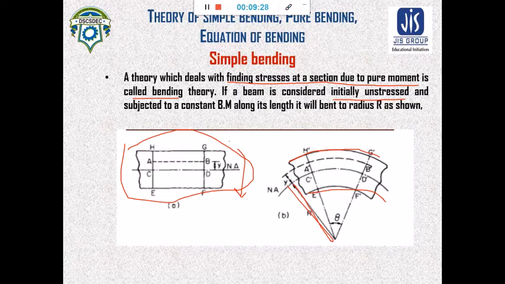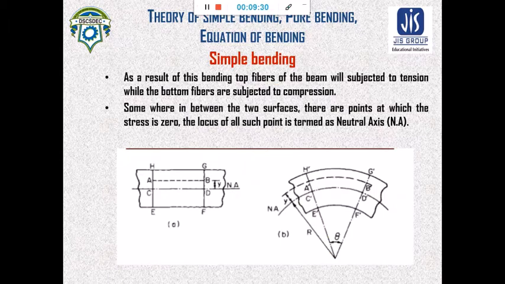Now in the case of simple bending, the top fiber will be subjected to tension. I am trying to bend the material like this, giving bending moment like this, so the material will try to bend like this.